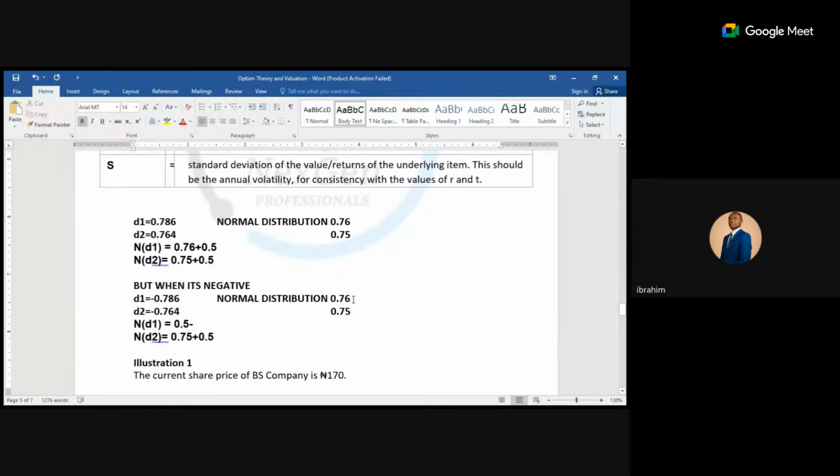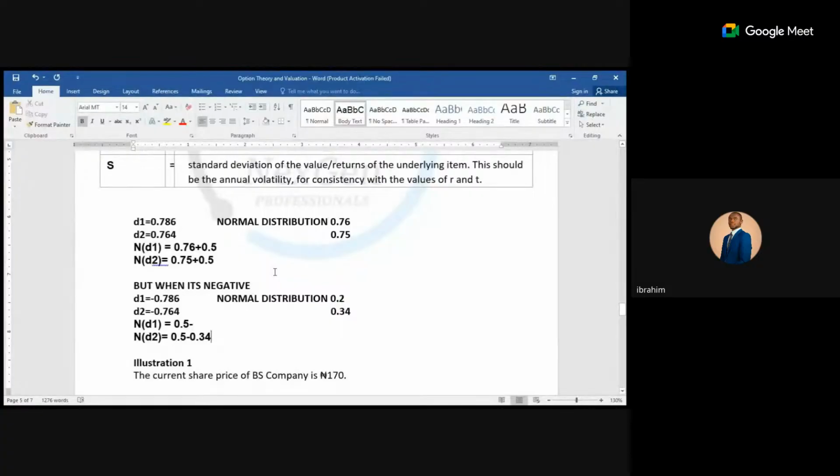Of course, the 0.5 will be higher. Let's say you have 0.34. So you have to subtract 0.5 from what you get in your distribution table.